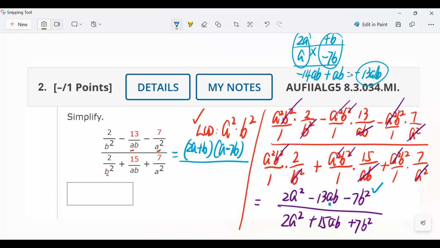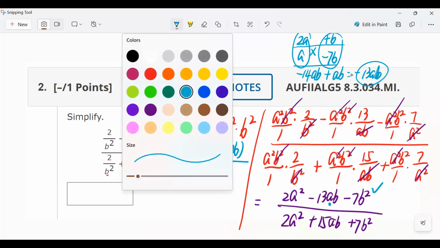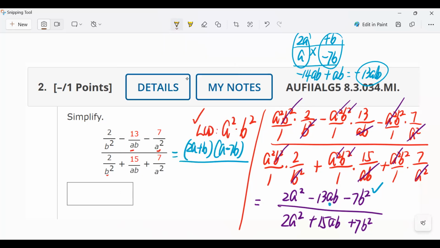For the bottom, let's factor it. So 2A, A, that will be positive 7 here, positive 1 here. Yeah, it's actually B, right?